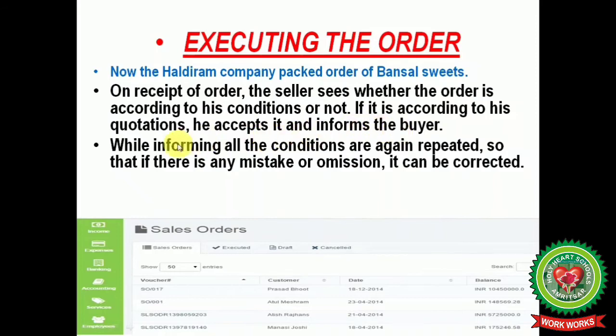While informing, all the conditions are again repeated so that there is no mistake or omission, and if there is any mistake, it can be easily corrected at that time. So that is why the executing the order letter is issued by the seller to the buyer for confirmation of the order.